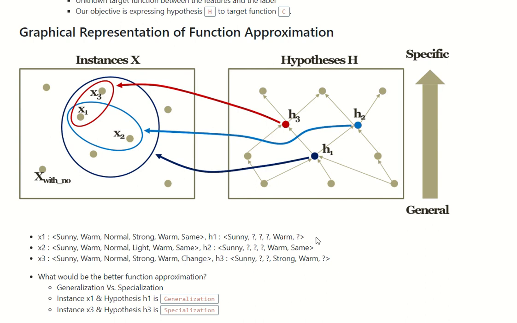In this case, the main elements of the feature are sunny and warm. But in the case of instance X3, the hypothesis H3 is sunny, strong, warm. It becomes more specific. So what would be a better function approximation in this case?